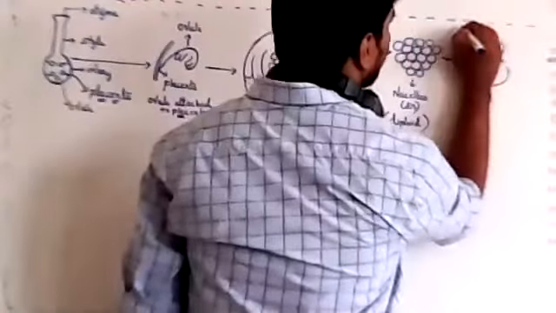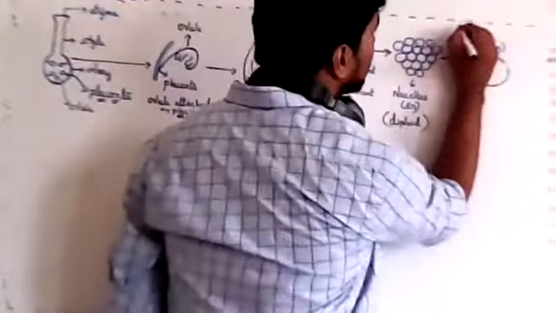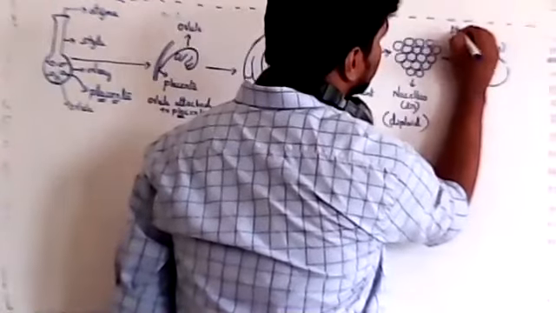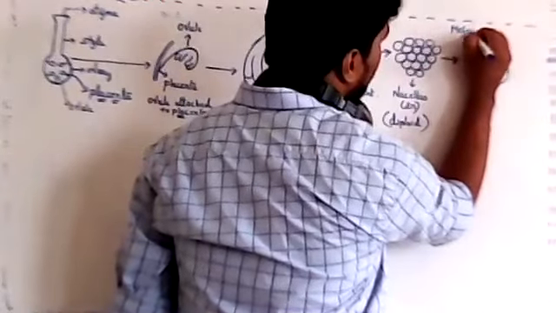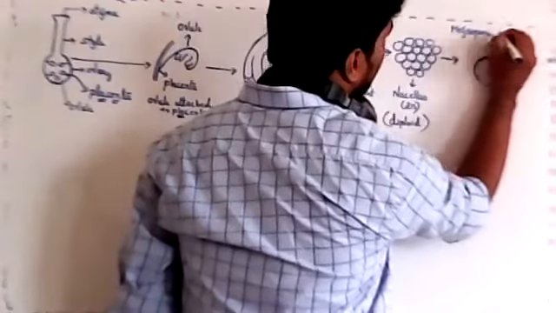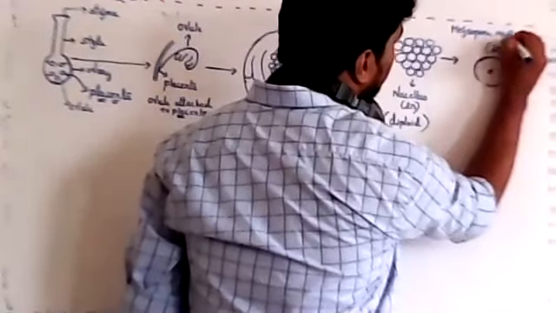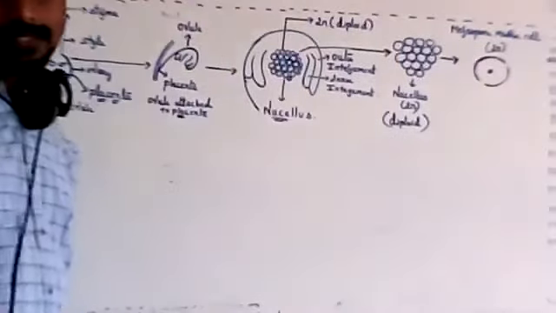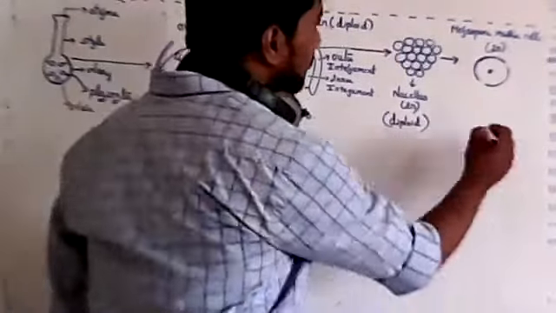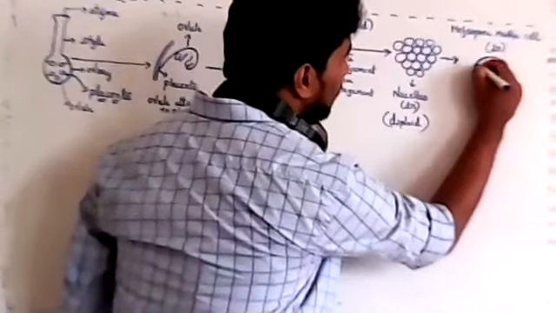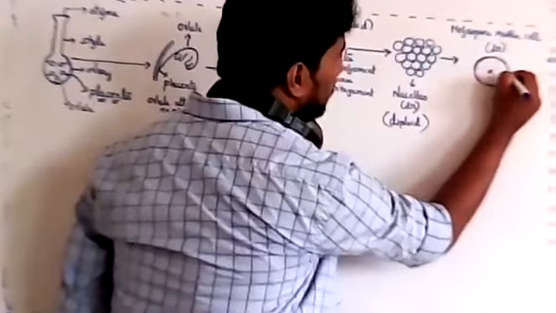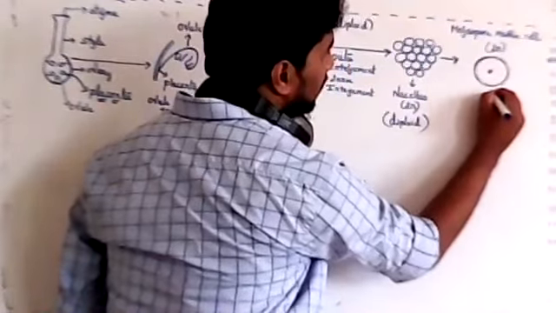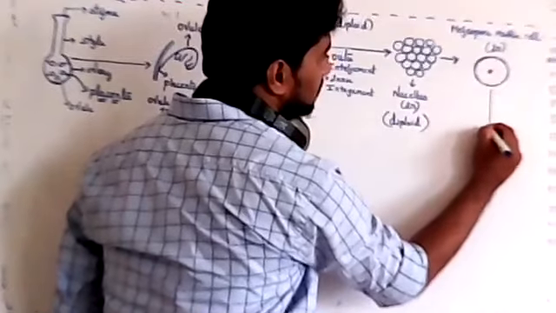So the megaspore mother cell will be diploid. I'll write it here, so you can see: megaspore mother cell. That one cell which is increased is called the megaspore mother cell. Now this megaspore mother cell will undergo meiosis.